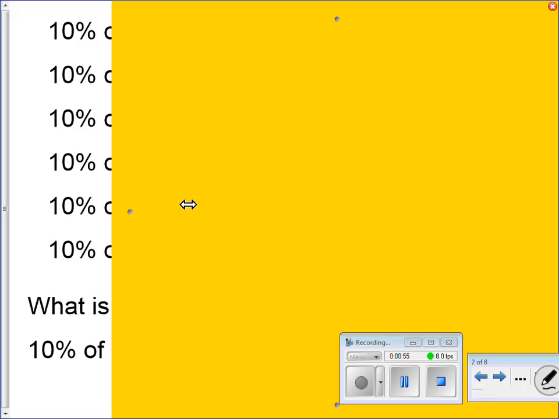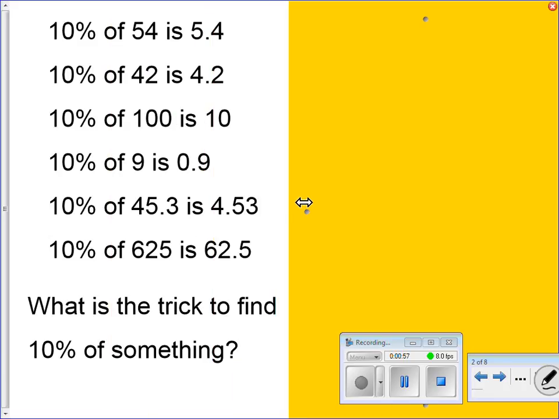Let's take a look at this chart though first. Here's 10% of 54, 10% of 42, 10% of 100. And what we discussed in class is that there's a huge similarity looking at 10% of a number. There's a similarity between 54 and 5.4.